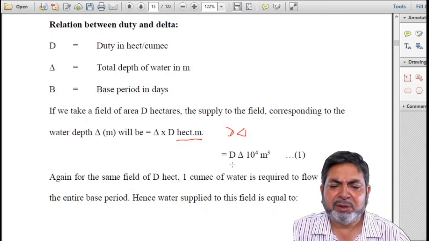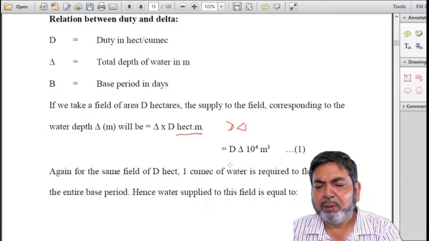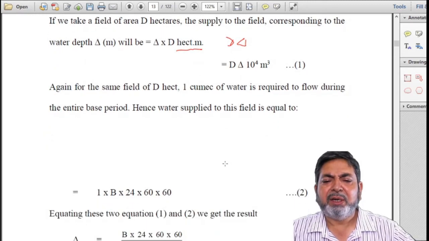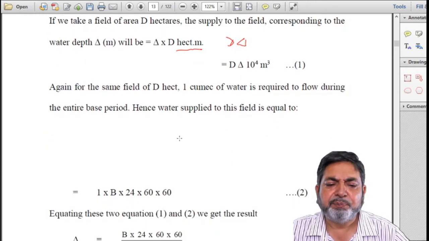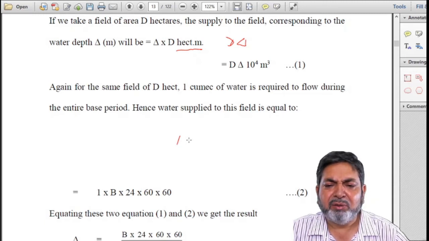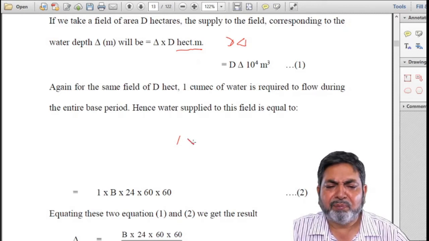Hence water supplied to this field is equal to, now here you can see that 1 cubic of water you have taken, and this water supply is being continuously given to the plants for B number of days. So you multiply it by B.